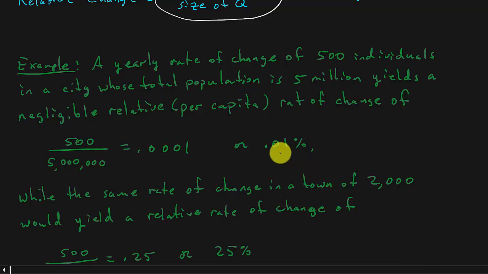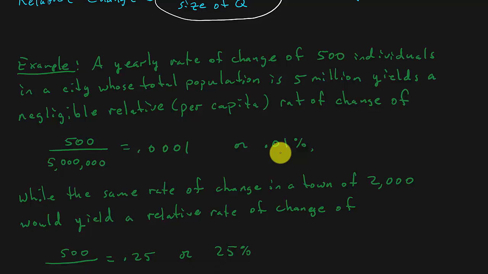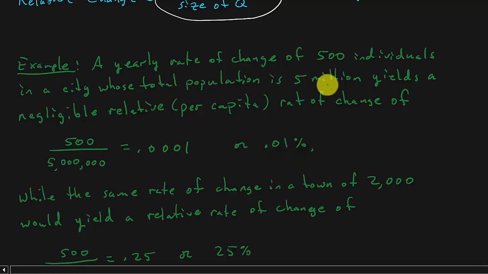Okay? So you're saying, okay, the yearly rate of change, let's say we lose 500 people in a city. Not really a big deal. I mean, we've got 5 million, so it's really not that big of a deal. And you can see it's 0.01% of the 5 million people.